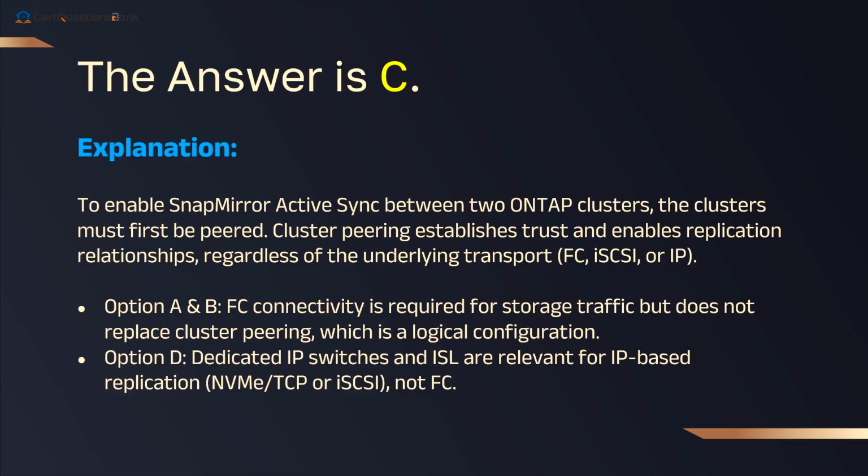Options A and B, FC connectivity is required for storage traffic but does not replace cluster peering, which is a logical configuration. Option D, dedicated IP switches and ISL, is relevant for IP-based replication, NVMe/TCP or iSCSI, not FC.